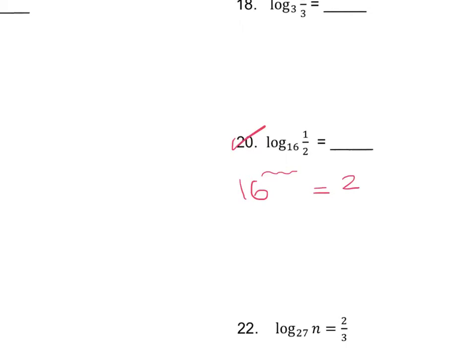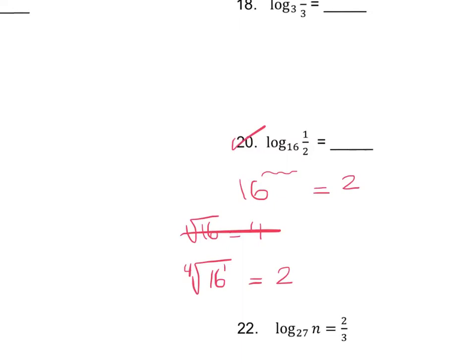So you need to think of a radical. The square root of 16 would give you 4, so it's not the square root. 2 should be raised to what power to get 16? To the 4th power. So the 4th root of 16 is equal to 2, because 2 times 2 times 2 times 2 is 16.